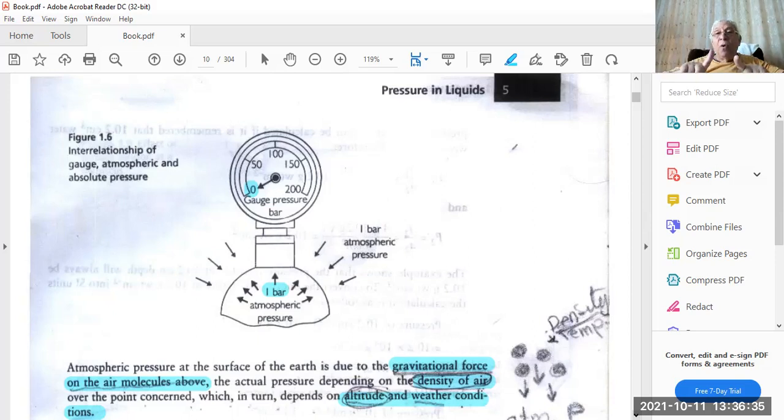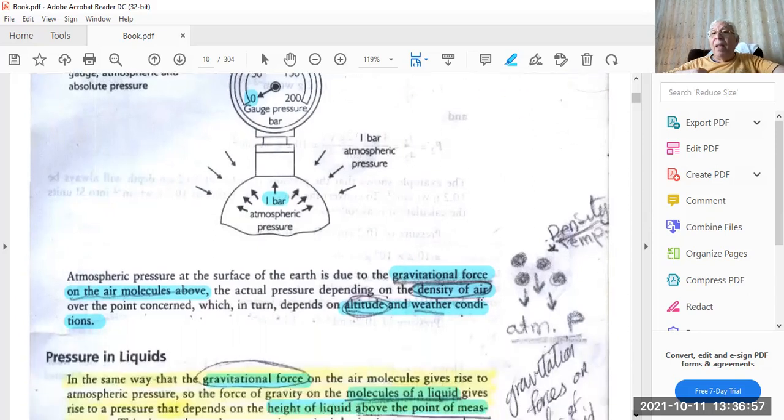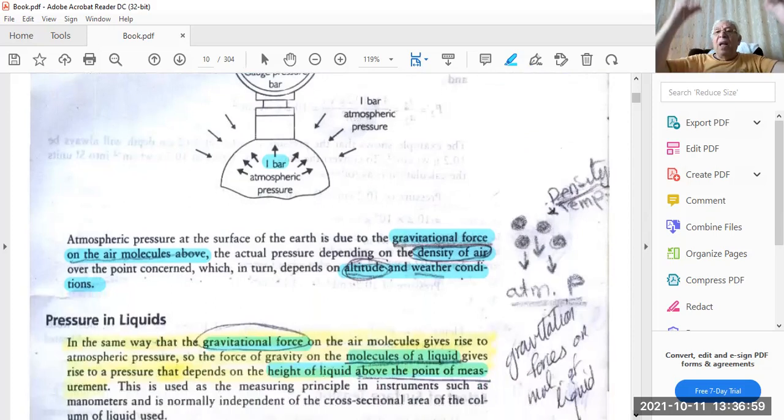So, in other words, the absolute pressure equals the gauge pressure plus 1 atmosphere. Actually speaking, whenever the cylinder is full, it's not 137 but 138. So this is the difference between gauge pressure and absolute pressure.